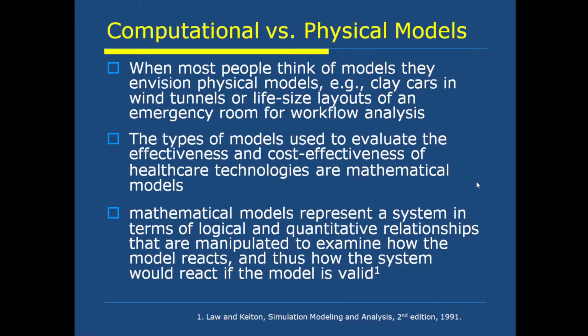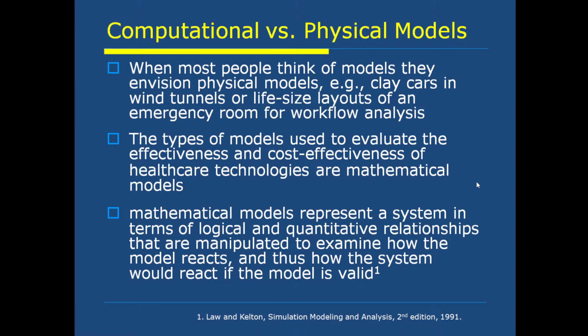What are the main differences between mathematical and physical models? Most people, when they think of models, envision physical models. For example, clay cars in wind tunnels or life-size layouts of an emergency room for a workflow analysis.